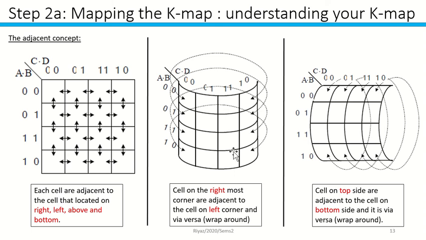For the second one, if you still have 4 inputs, anything on the left is actually wrapped around to have a connection with the right side, so it's a wrap around concept. And the top and the bottom are also connected to each other, from top to bottom or bottom to top, which is also a wrap around concept.